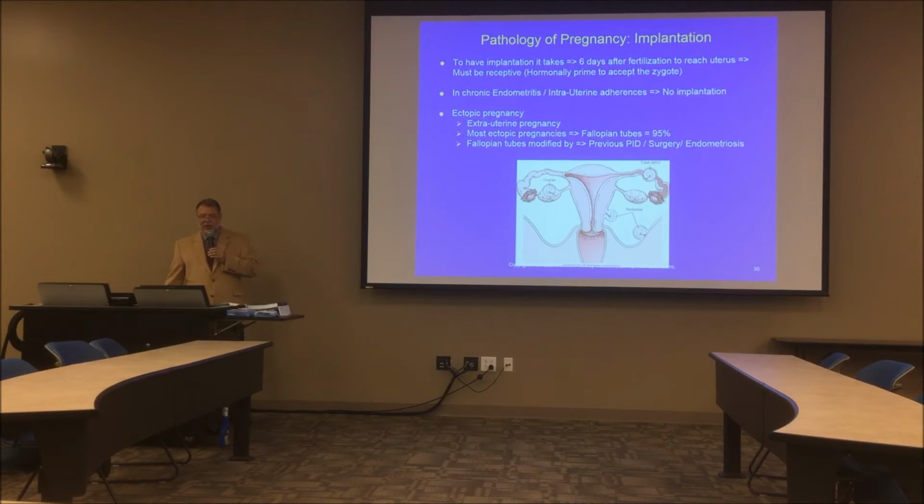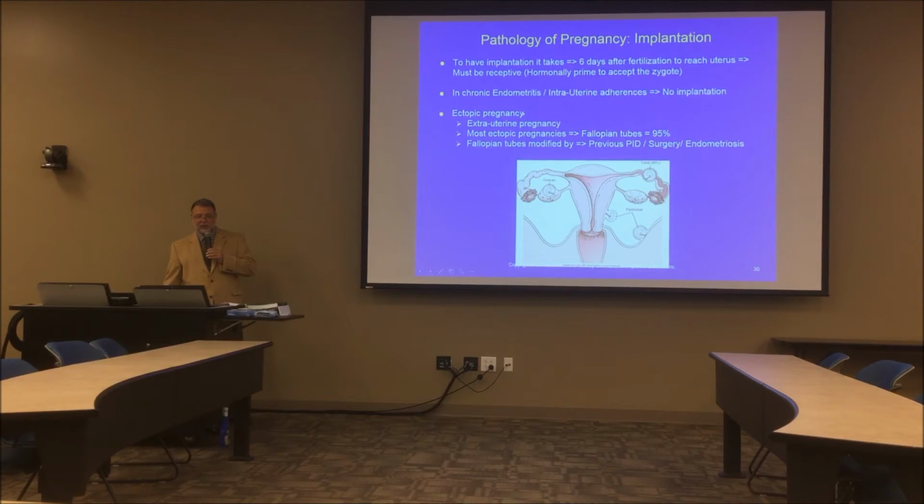So implantation takes something like 6 days after the ovum is fertilized by the sperm to reach the uterus, and it has to have some hormonal changes up to that moment, so the egg can be implanted, typically either in the fundus or the higher levels of the uterus.